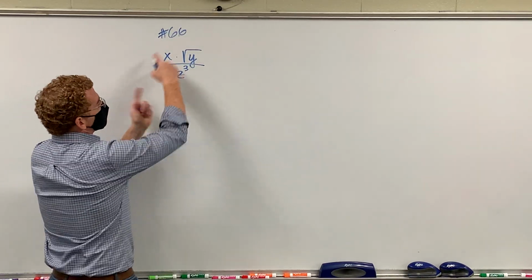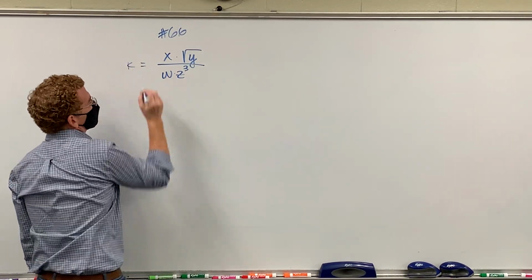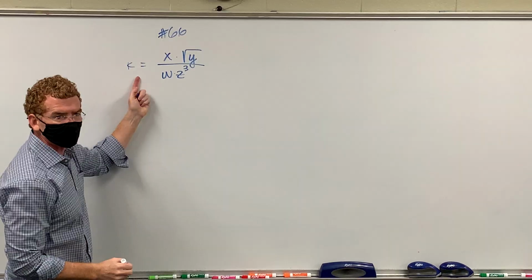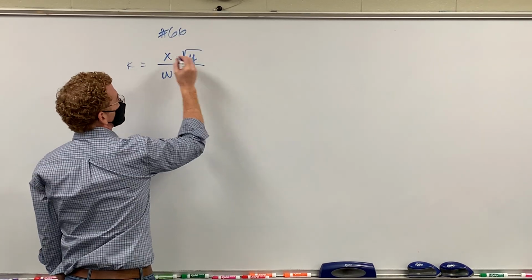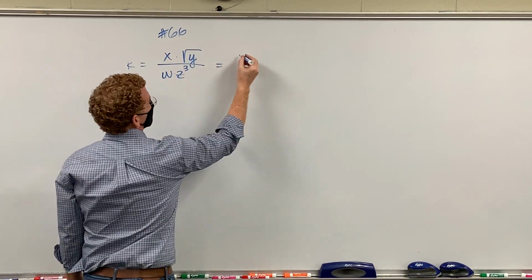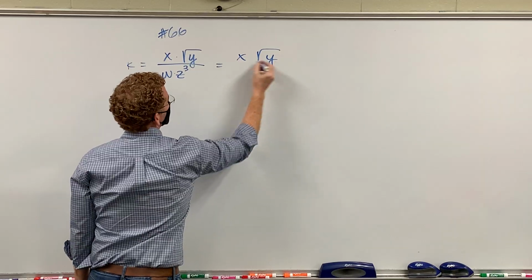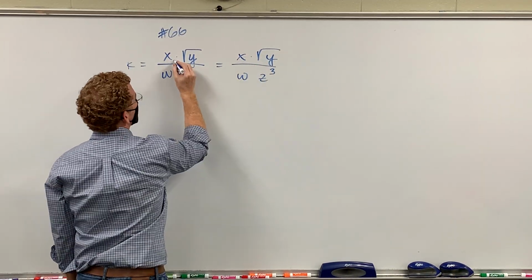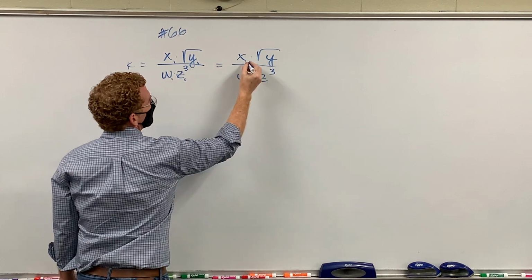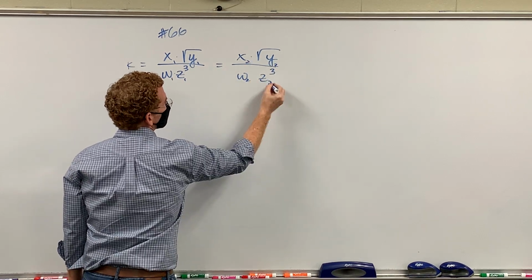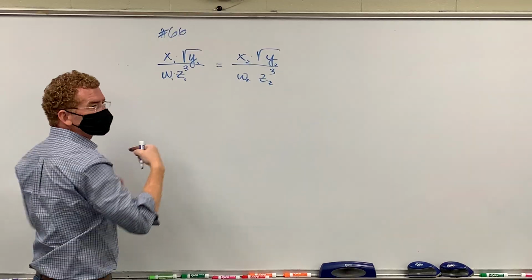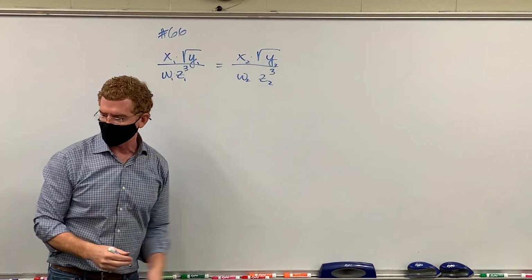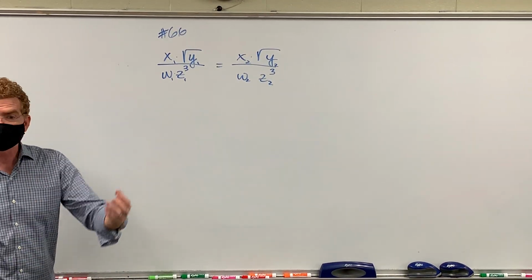So if I think about this as a constant, a little k, that's always going to equal the same thing, then that means x1, y1, w1, z1 would be equal to x2, y2, w2, z2 cubed. So if they have little 1s on them, little 2s on them, that would be the relationship. And it's always, this fraction is going to be equal to that fraction. But then they gave you a bunch of numbers.